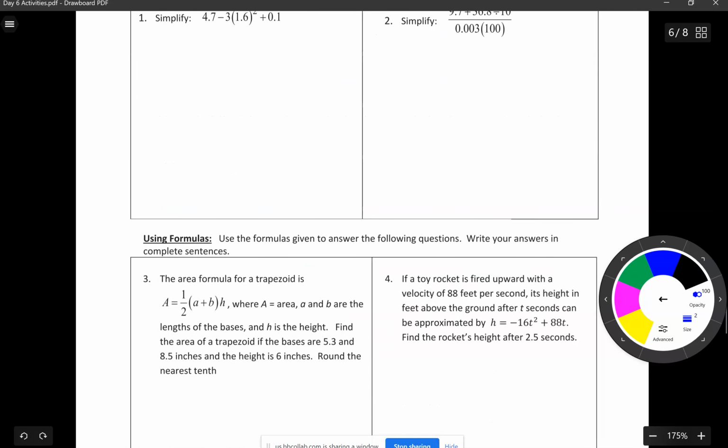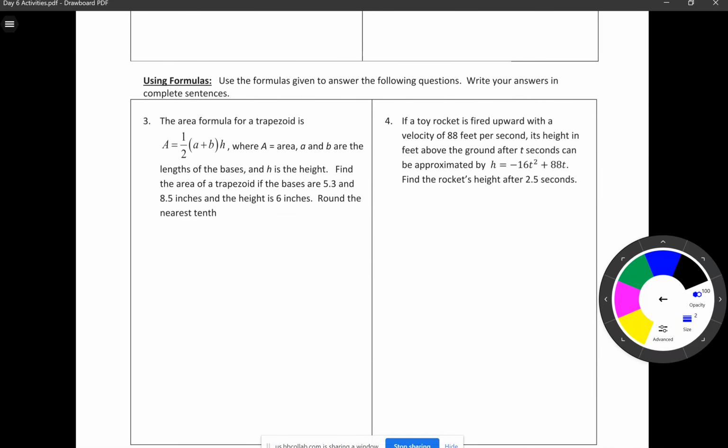You can unmute and talk. And then there's just formulas, just like you've been doing. But the numbers to plug in are going to be decimals. And sometimes the formulas will have fractions and you're plugging in decimals and it can get tricky. But here's the deal.